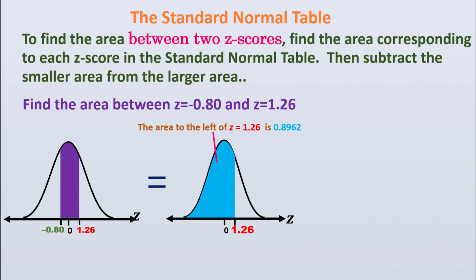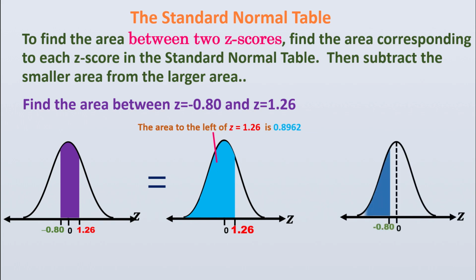That is 1.26 here. We already know that area. That is 0.8962. Then find the area left to the smallest z-value. Here the smallest value is -0.80. We don't know this value, so let me find this. Then once we have that value, we subtract. Then we can have the area between these two z-values.